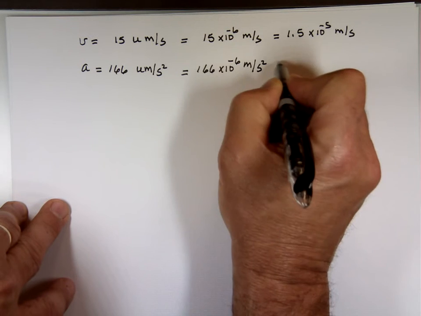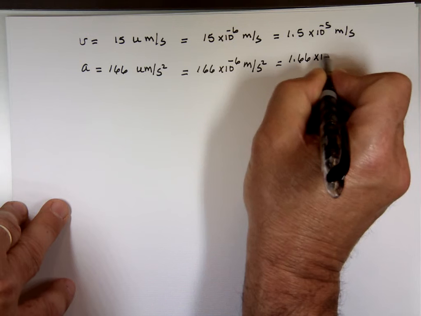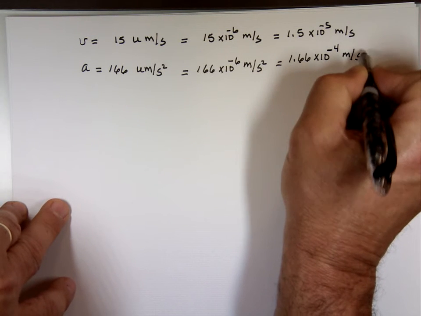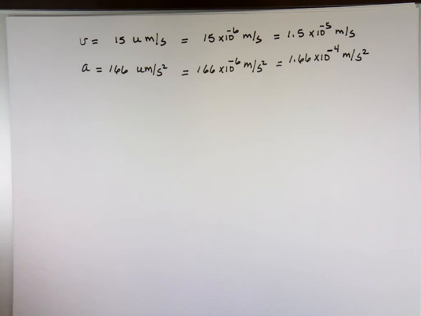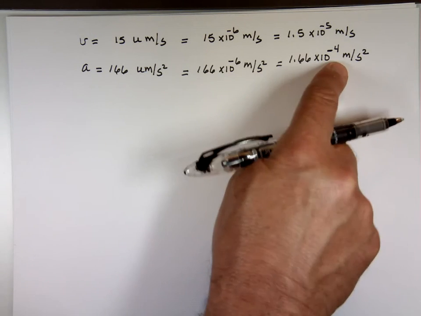And I can write that as 1.66 times 10 to the negative 4. That's the acceleration. Remember, the 166 is 1.66 times 10 to the 2. That's why this becomes a negative 4.